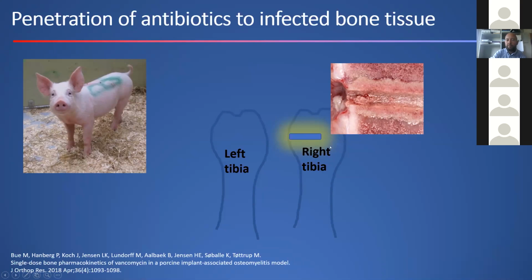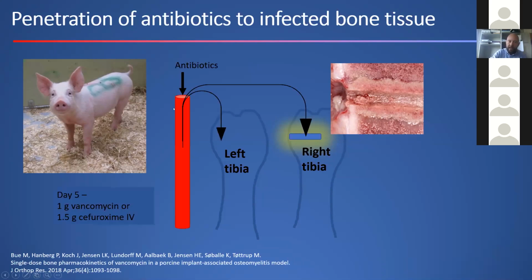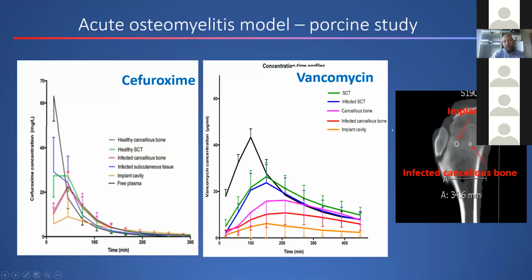They took some pigs and again made a drill hole, inserted an implant into the implant cavity, and then added bacteria and had them grow for 5 days, and then they treated either with vancomycin or ciprofloxacin for 8 hours. And by microdialysis, they measured the amount of antibiotics. First of all, they could measure the serum concentrations, but also with these microdialysis catheters closer and closer to where the bacteria are situated, to the implant cavity.